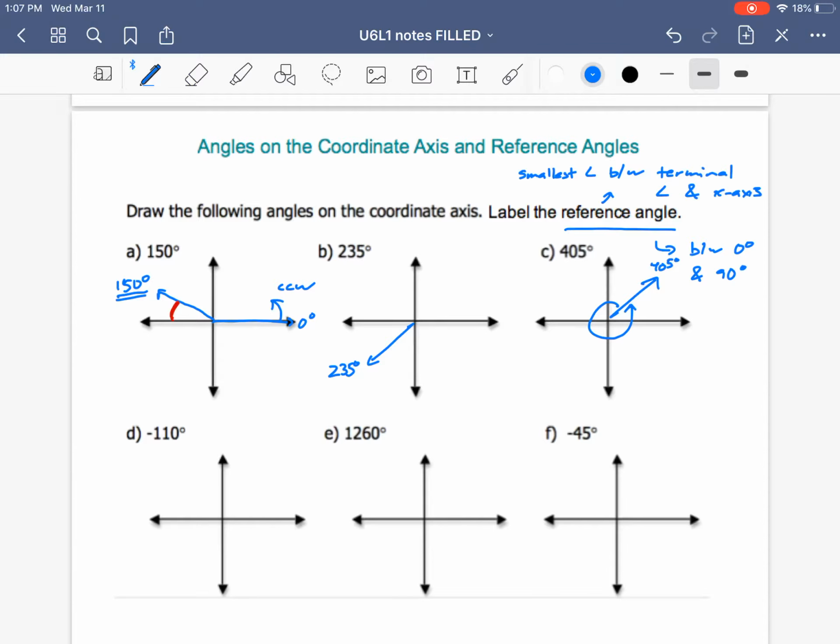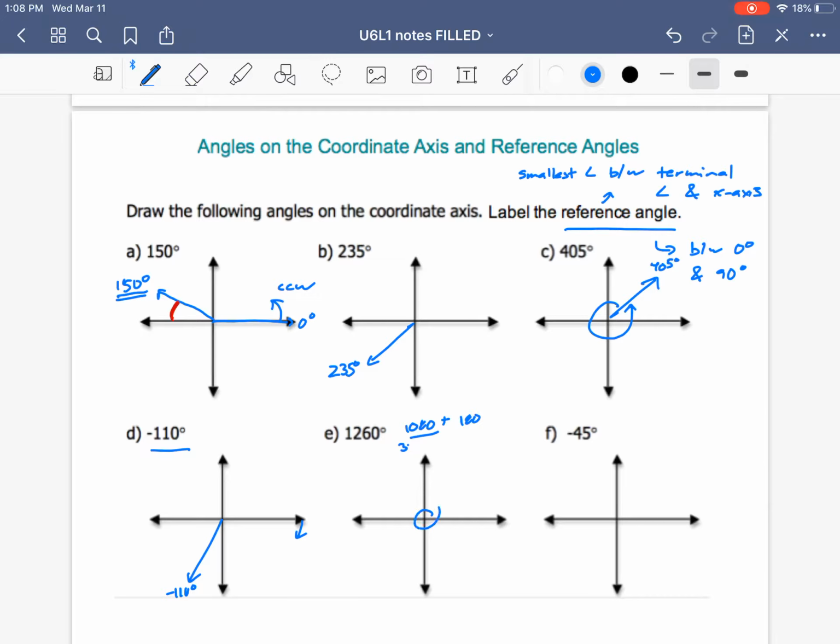Okay? Negative 110, so if the angle is negative, it actually rotates in a clockwise direction. So that's going to be here, somewhere in there, negative 110 degrees. And 1260, well, that's 1080 plus 180. And 1080 is 3 full cycles.